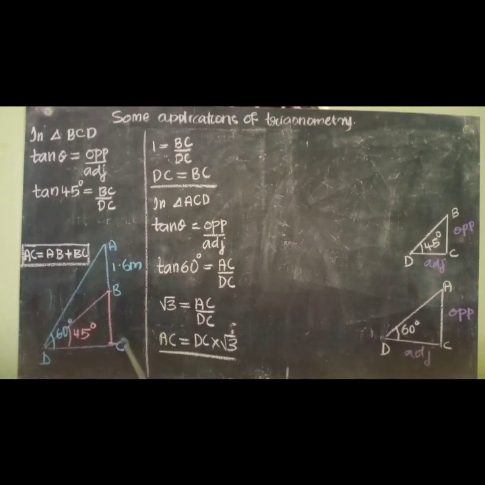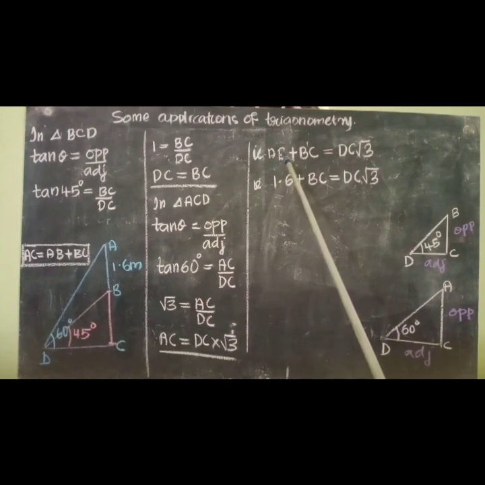Now you see the figure. What is this AC? AC is AB plus BC. So let us replace this AC by AB plus BC. That is AB plus BC equal to DC root 3.